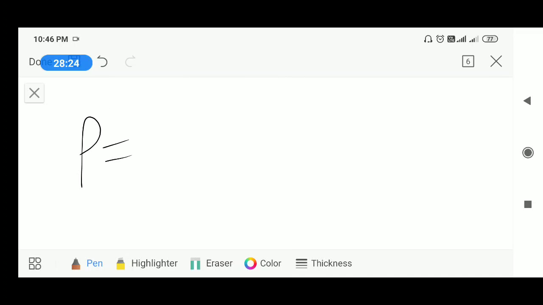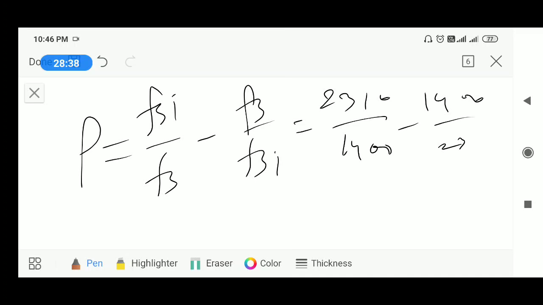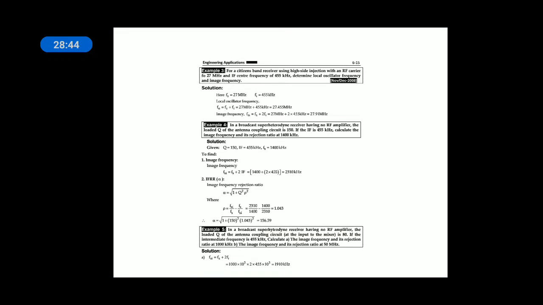Rho is equal to 2310 by 1400 minus 1400 by 2310. And you will get 1.043 as the rho.